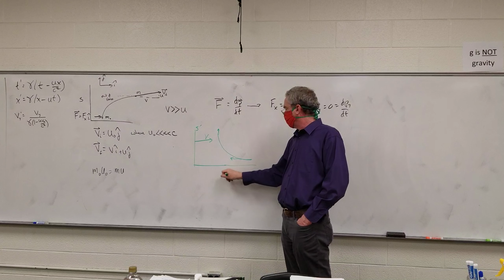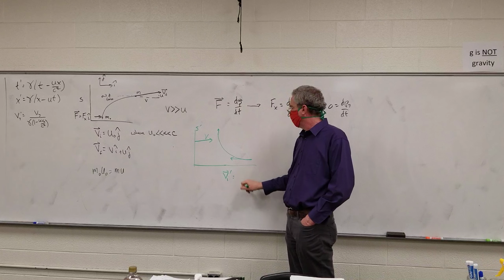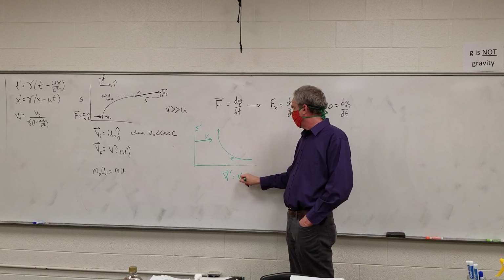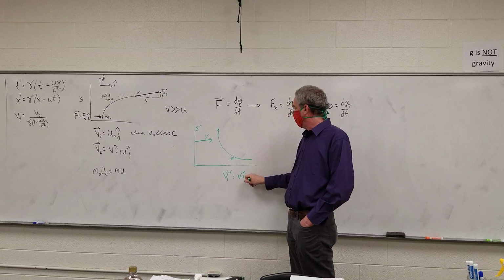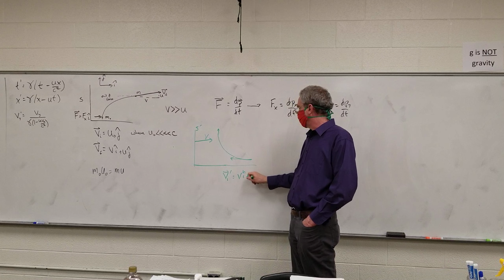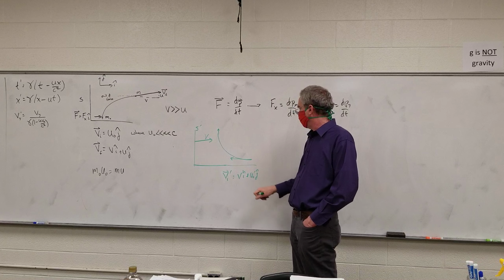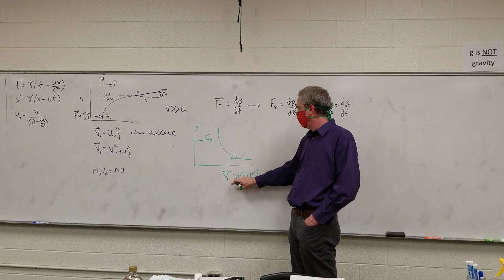And so my initial velocity in the prime frame is equal to negative v prime i hat plus u naught prime j hat.